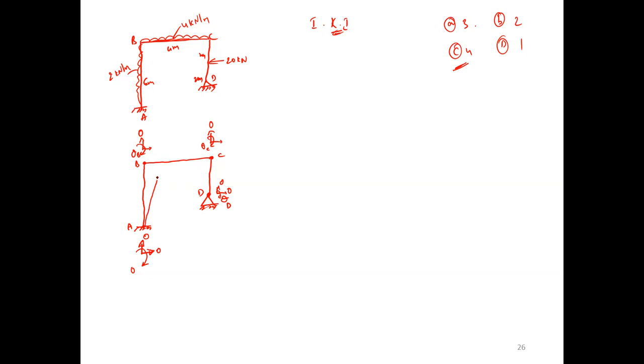It will shift to this position, and this shifts by the same amount, the displacement delta. Therefore, the kinematic indeterminacy equals theta B, theta C, theta D and delta. Don't take delta B and delta C separately; combined together, they shift by one equal amount. So how many kinematic indeterminacy? 4. Very good.